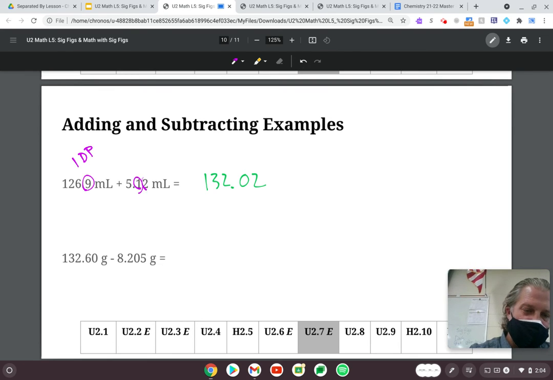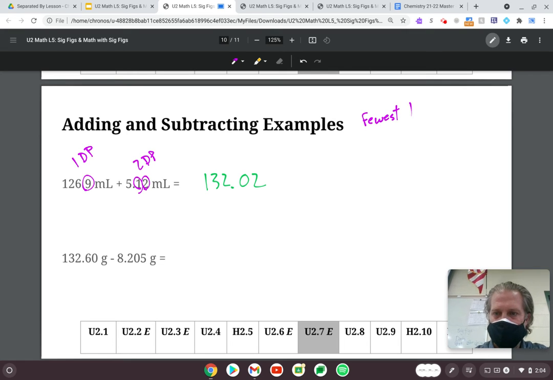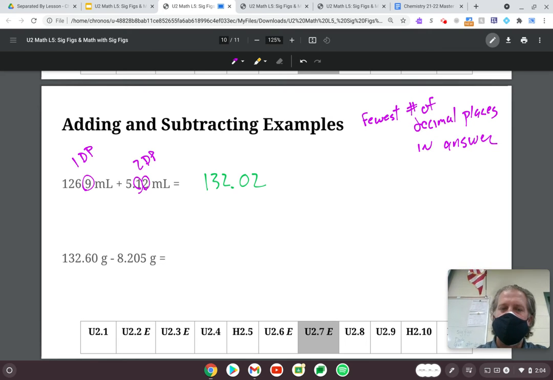And I see that I have 2 decimal places. So my answer has to have the same as the fewest number of decimal places. So in this instance, 1 decimal place is the fewest, so I draw a line and then I round.